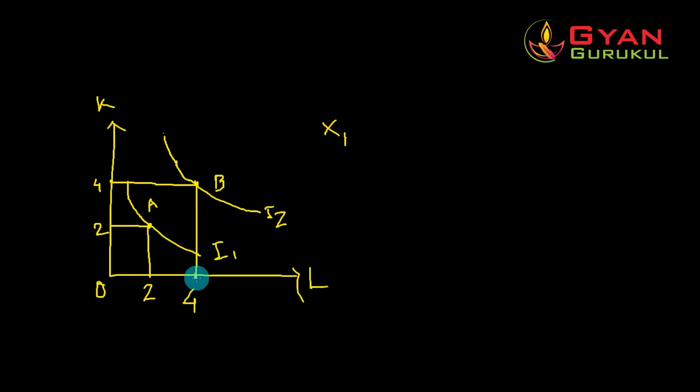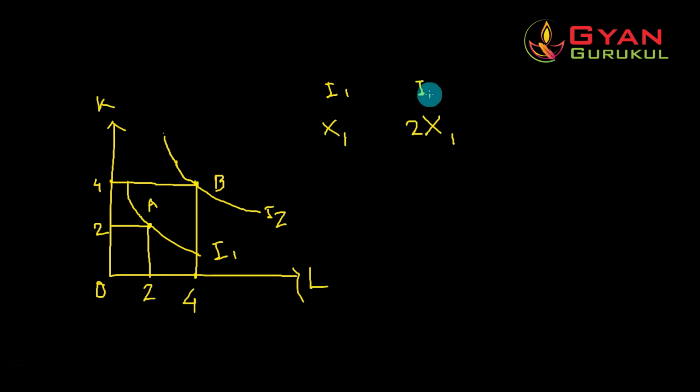If at this point the I2 isoquant represents an output which is exactly two times the output represented by the I1 curve, see, this is the output of I1 and this is the output of I2.